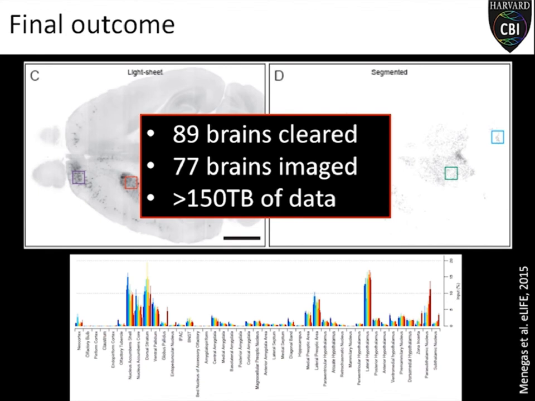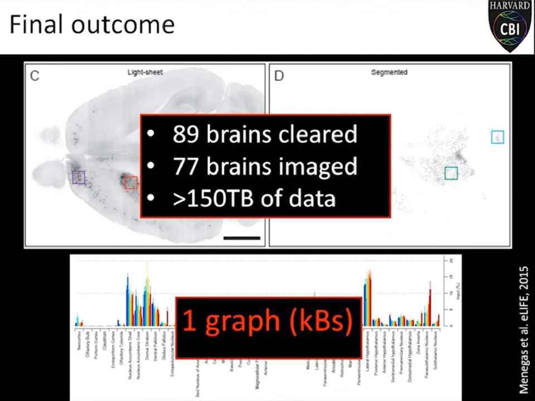And once they took all that imaging data, did their segmentation and their registration, they came out with this graph at the bottom that's only a few kilobytes in size. So tissue clearing can be a little bit intimidating when you start seeing things like 150 terabytes of data. But this is definitely an example of sort of the upper end, one of the exemplary studies in tissue clearing.